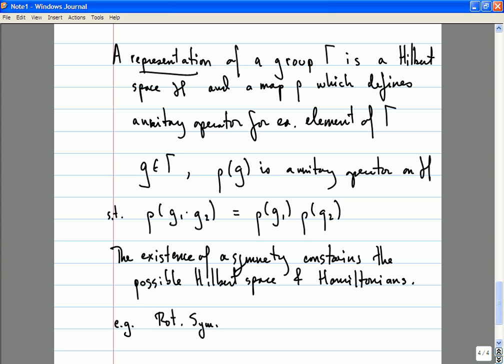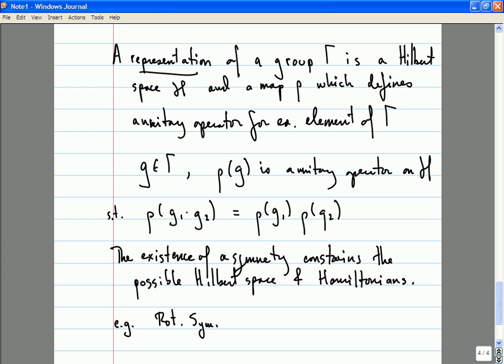Then that's a way of parametrizing the various different rotations in three-dimensional space in terms of three angles. Okay. And you can think of the rotations as some abstract group. And then you can look for Hilbert spaces on which these rotations could act. Meaning that you could look for Hilbert spaces with the property that there are unitary operators, one for each rotation, that act on this Hilbert space.